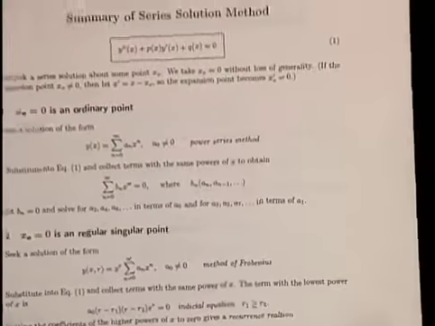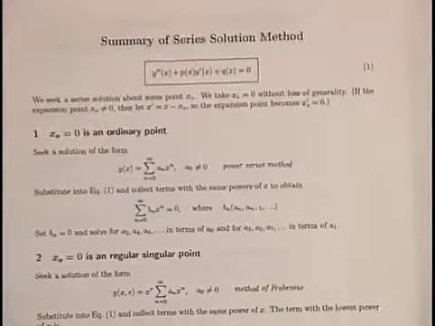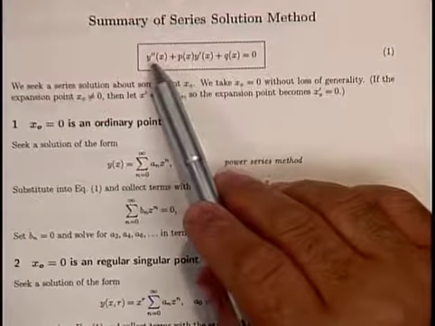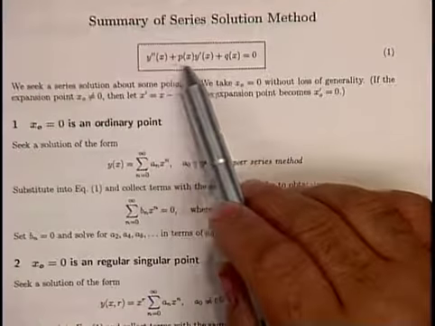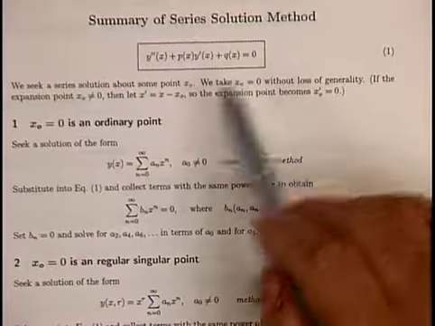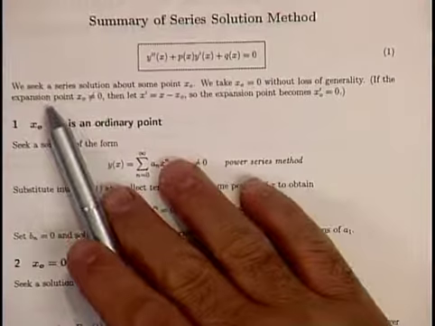So I will just start by giving a brief summary of what we did so far in solving the series solution. So let me check that everything is okay here. Okay. As you see here, the general form is y double prime of x plus p of x y prime of x plus q of x y equal to 0. And we have two situations.